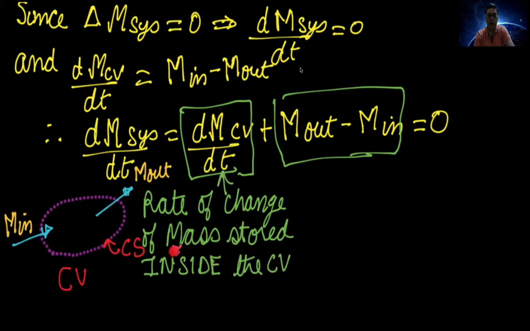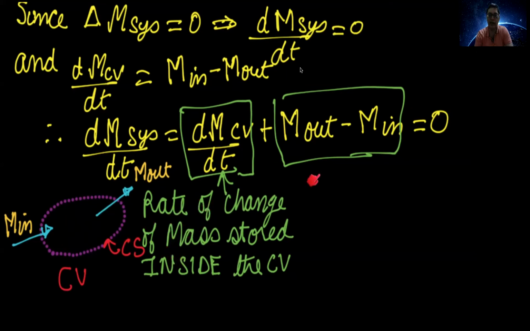Note the word inside. Suppose there is a time interval of delta t, then the mass of the fluid inside the control volume at t2 minus the mass of the fluid inside the control volume at t1, divided by delta t, is the rate of change of mass stored inside the control volume.